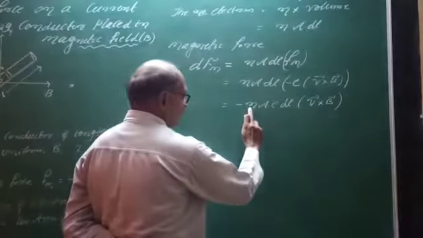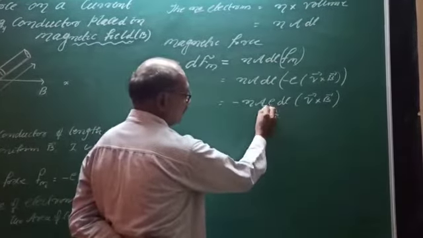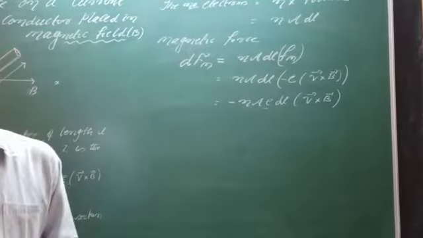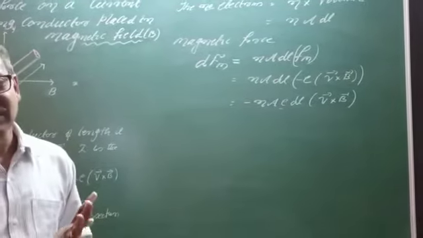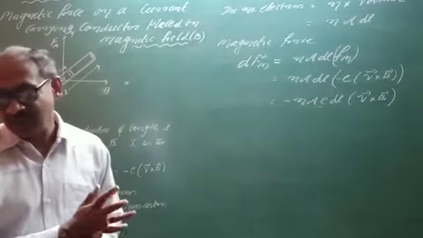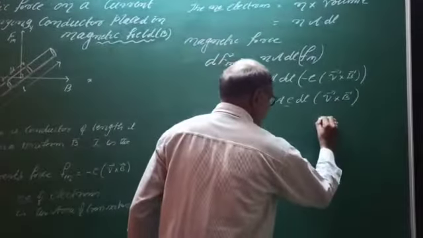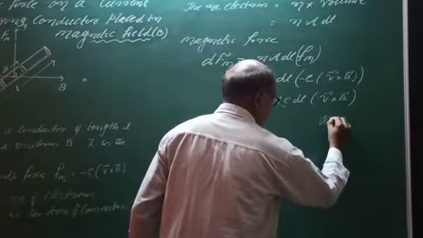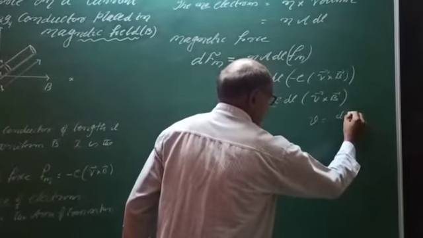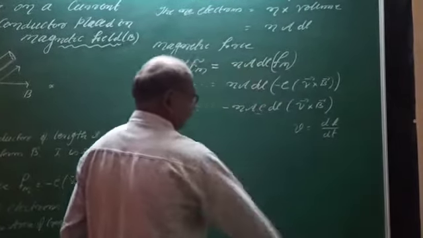Therefore, n A e into v, we already know, is nothing but the current I. And v is the drift velocity. The drift velocity is always given by dl divided by dt.